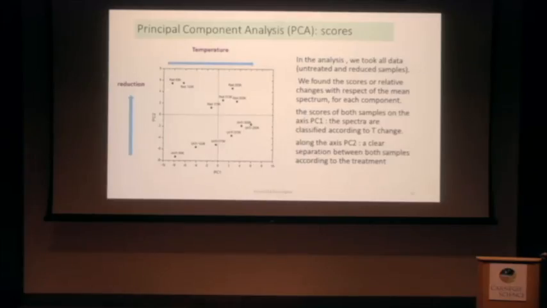And you can see that the reduction gives a greater effect at low temperature. So we have a clear separation of the effect of temperature and the effect of the reduction by this analysis.